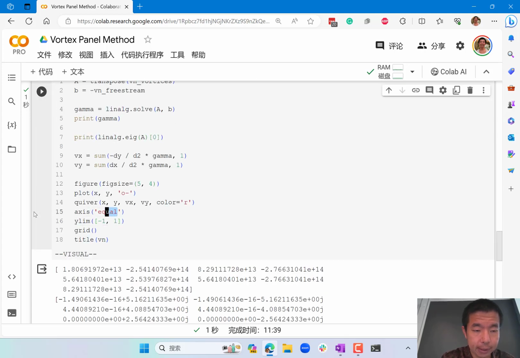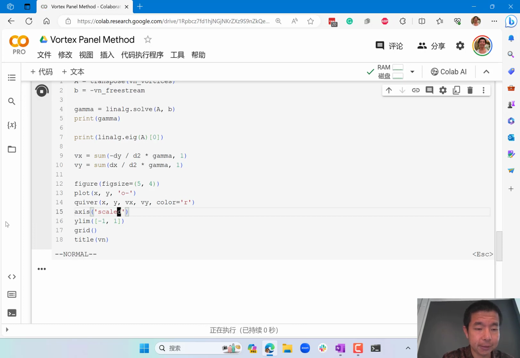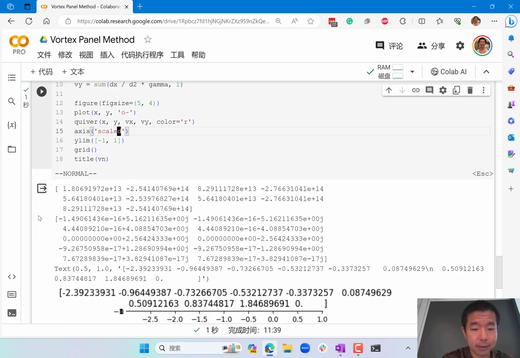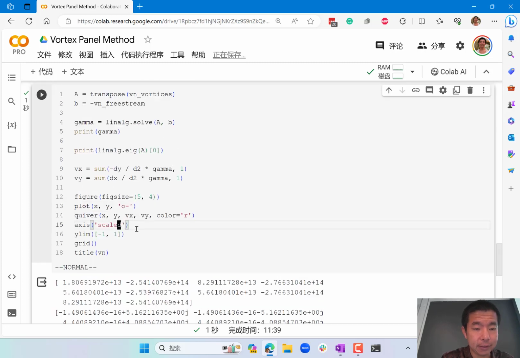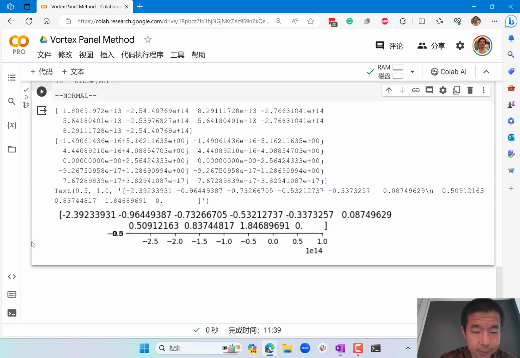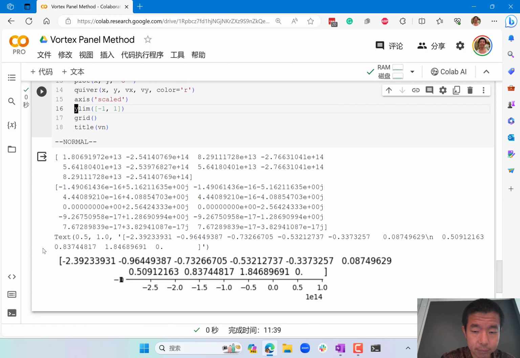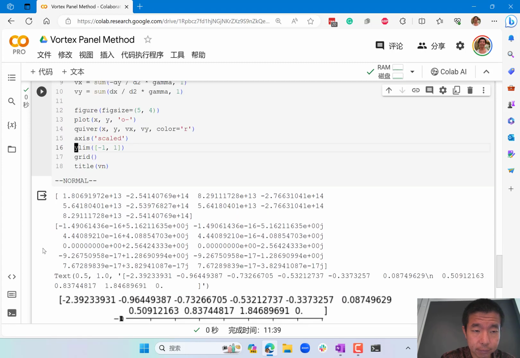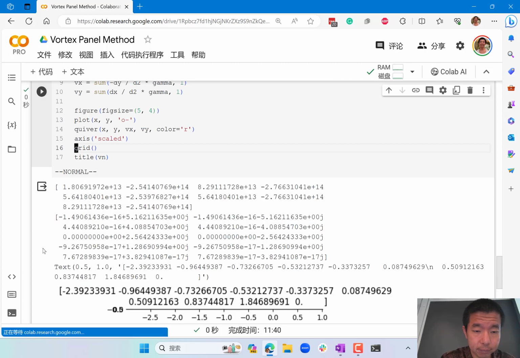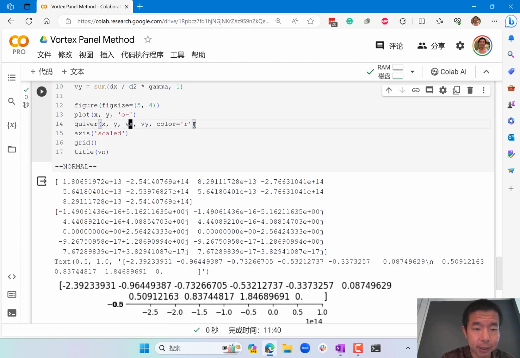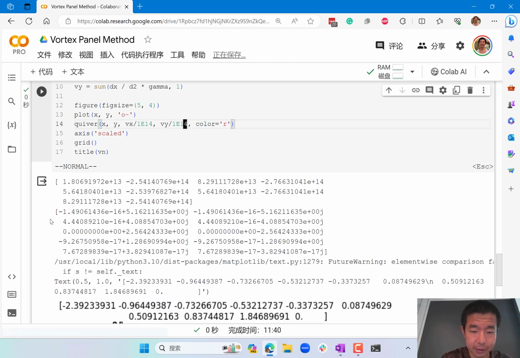Let me see, x scaled is better. Let me just visualize that by dividing by 10 to the 14 to see what the velocity field actually looks like.